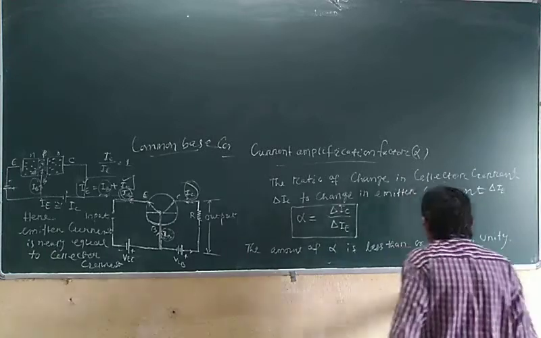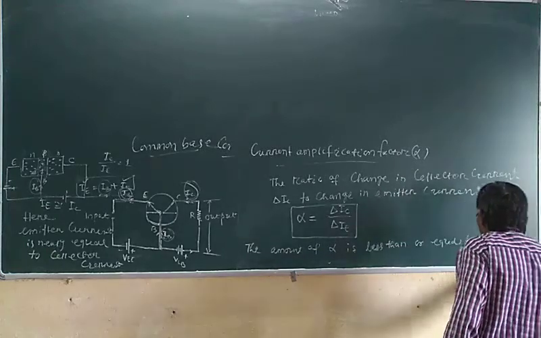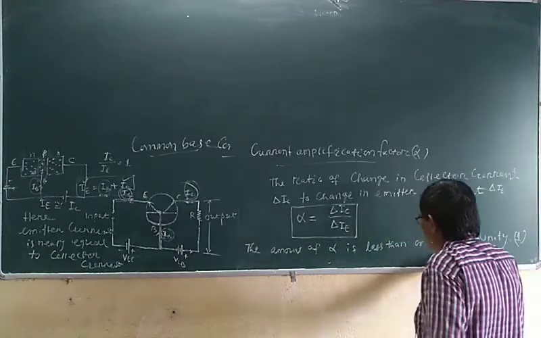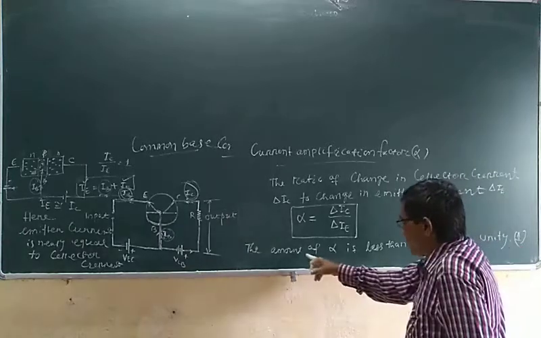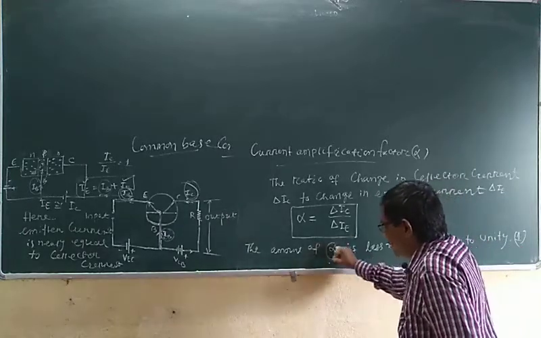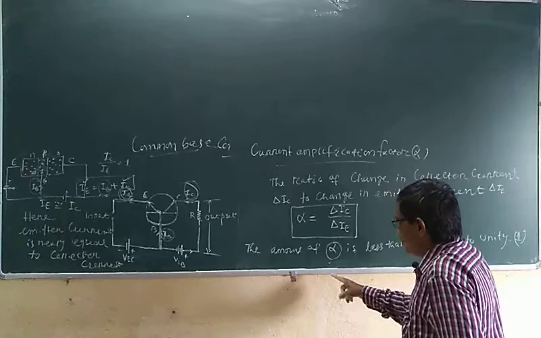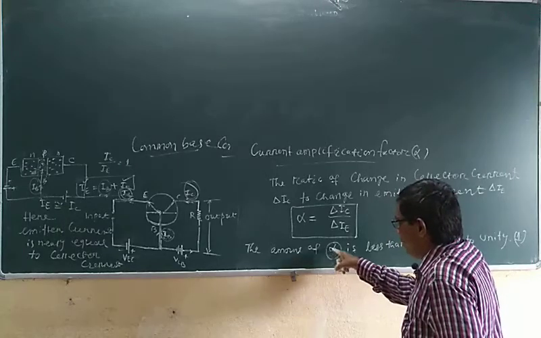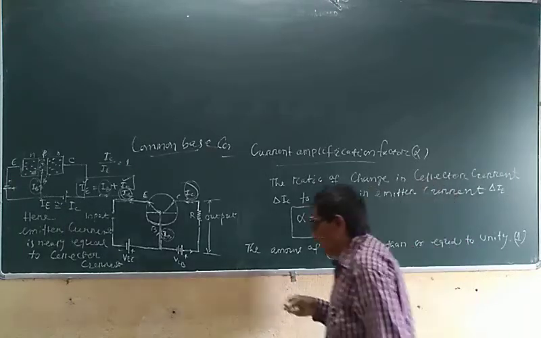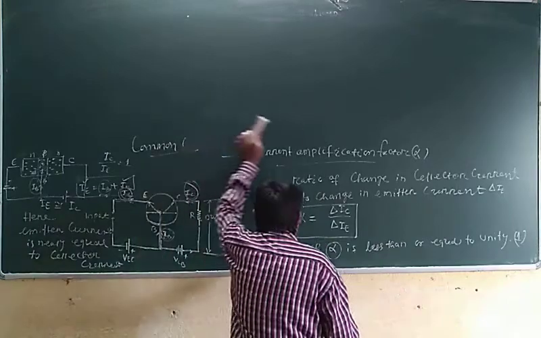Unity means 1. Now, the amount of alpha means the alpha value, or we write it as the value of alpha.